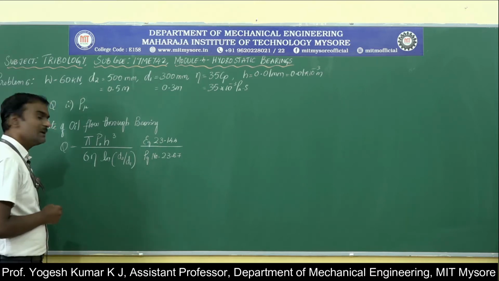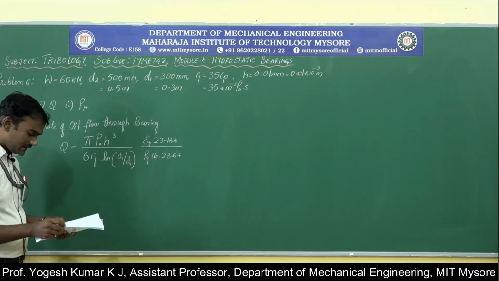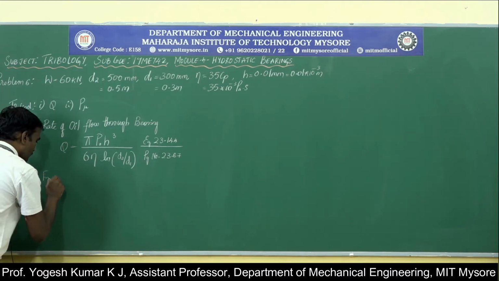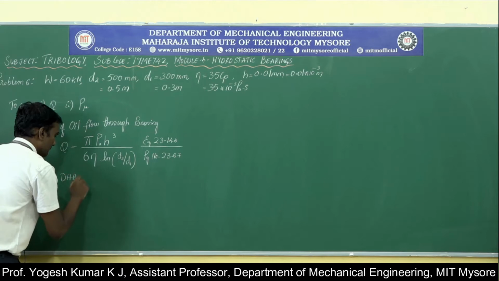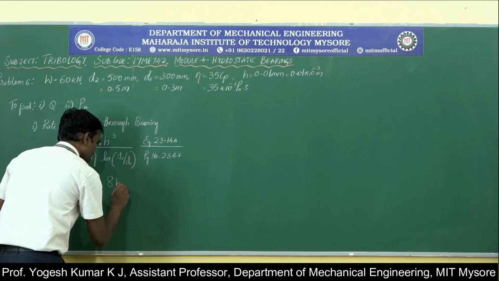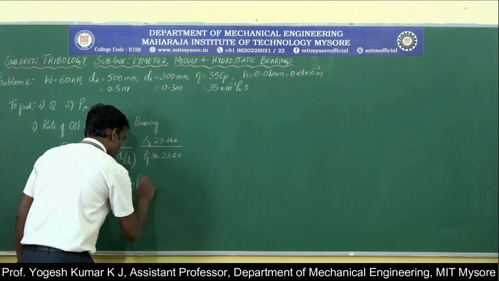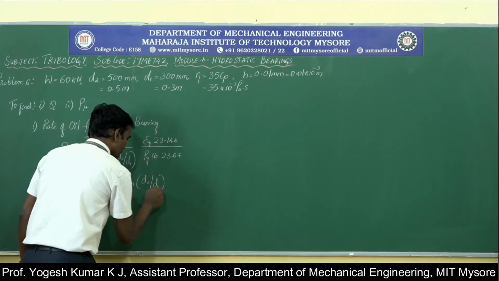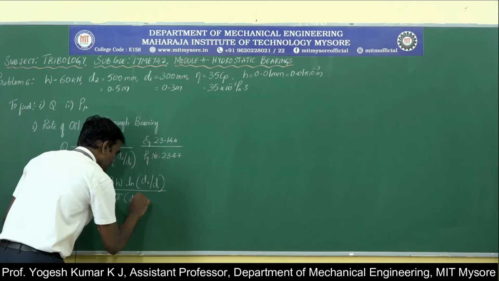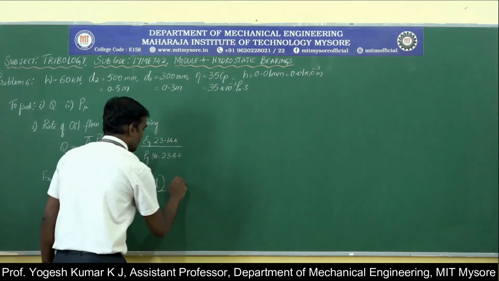So how to find the value of P naught, that is the inlet supply pressure? Again, we have an equation provided in our data handbook. From the data handbook, P naught equals 8 W, W is known to us, natural log d2 by d1, we know the diameters, divided by pi times d2 square minus d1 square.